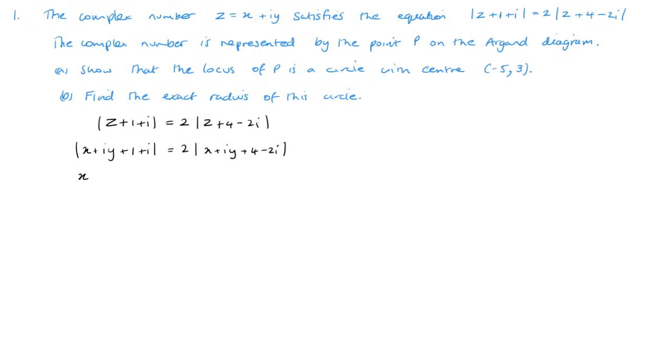Collect the like terms together, so (x plus 1) plus (y plus 1)i equals 2 times ((x plus 4) plus (y minus 2)i). Next we want to square them, so I will skip a line here, but let's jump down to this.